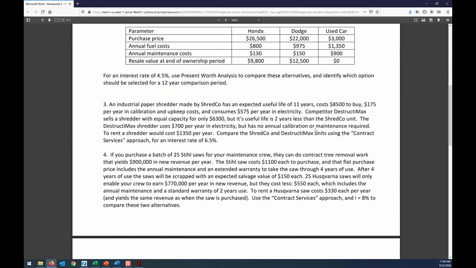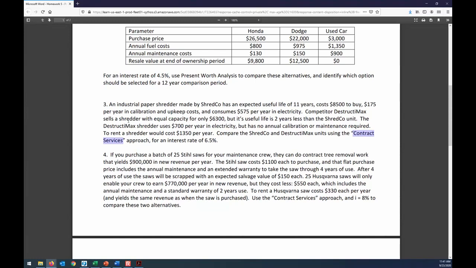In question 3, it says to use contract services. If it's contract services, what you're doing is lengthening the cash flow diagram that would ordinarily be too short. Since it's a complicated word problem like this, even if it doesn't tell you to write the cash flow diagram, it's a pretty good idea to put it down on paper.